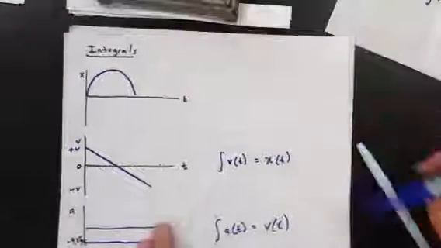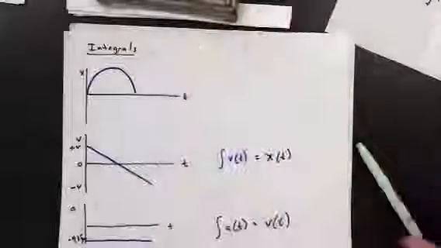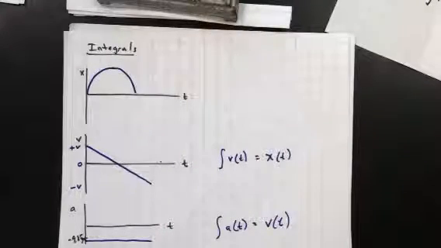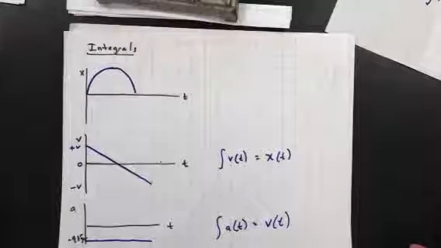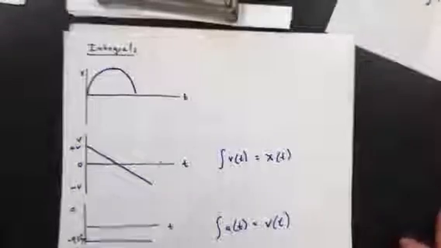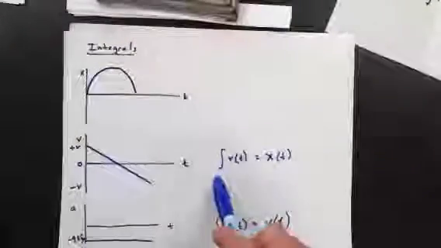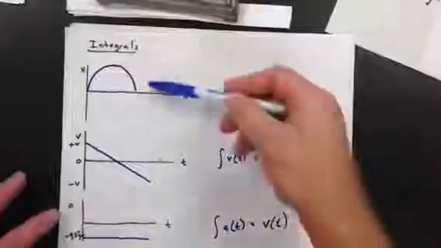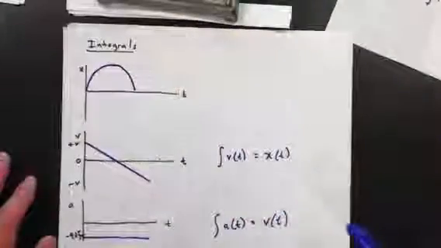So these are the ideas that we have to remember when thinking about position, velocity, acceleration. Even when we get into other things like force and energy, we got to make sure that we know frontwards and backwards what the derivative and what the integral will give us.